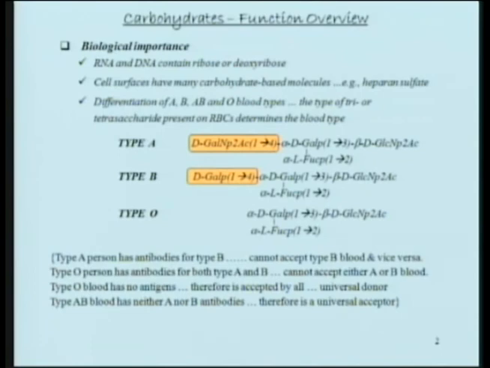This is how typically carbohydrates are written. For example, there's a letter D, which you're going to talk about. So there's a letter D, and then you have something like gal, which is the name of the carbohydrate. We have, for example, something like N, which indicates that there is a nitrogen. We have a letter P, which indicates a particular form of the carbohydrate.